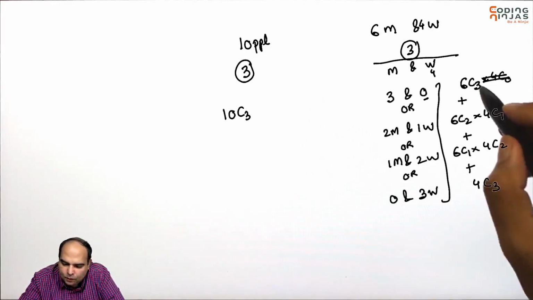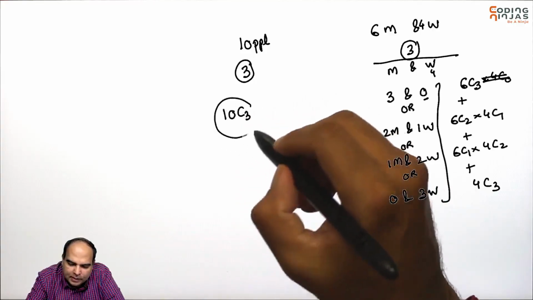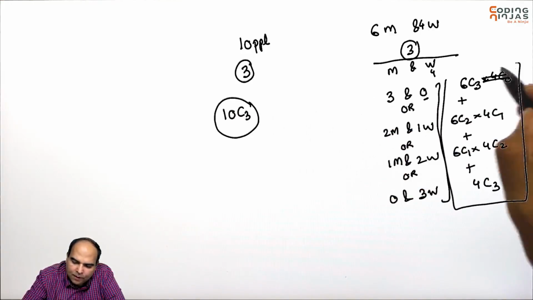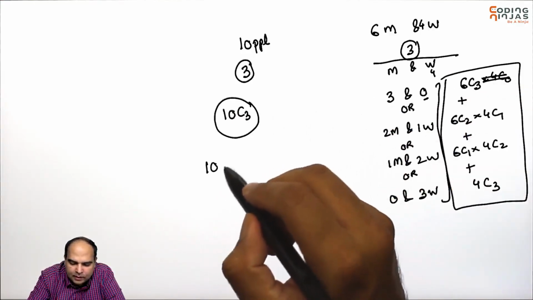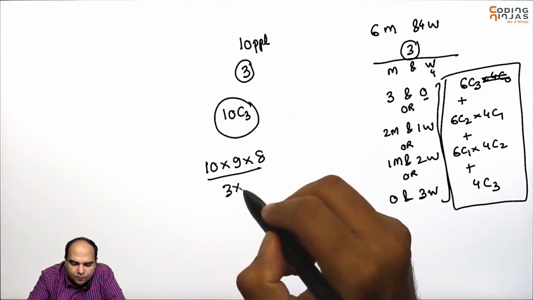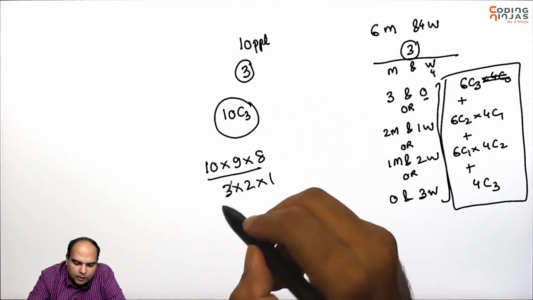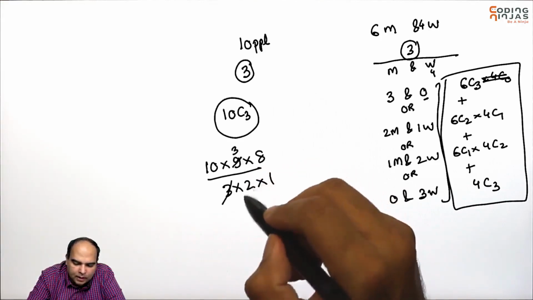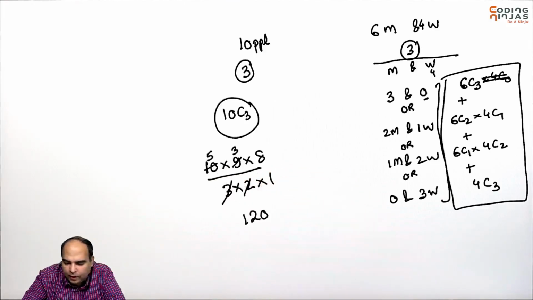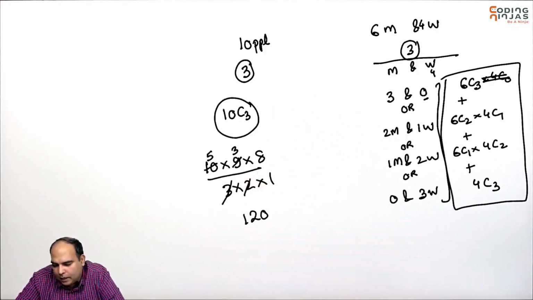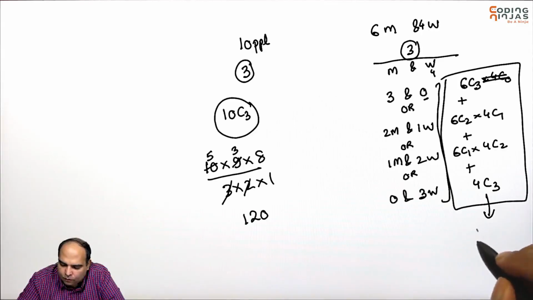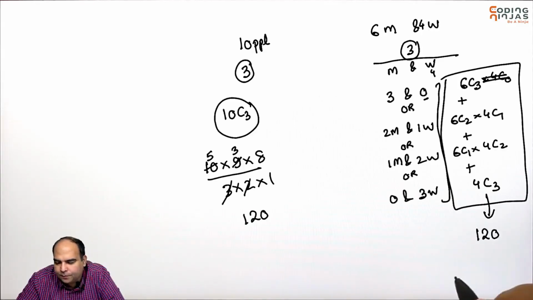If you calculate this and you calculate 10C3, you will get the same values. The value of 10C3 is 10×9×8 upon 3×2×1. So you can see that this is 3 and this is 5. So the value of 10C3 is 120. And if you check all this, you will again see that the value of this will also be 120.